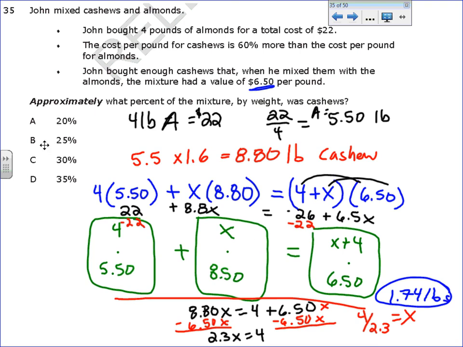Okay, here's the problem though. That's not even an answer choice. Okay, this is how many pounds of cashews I bought, but that's not an answer choice because the question is saying approximately what percent of the mixture by weight was cashew. So what percent out of the total amount was cashew?